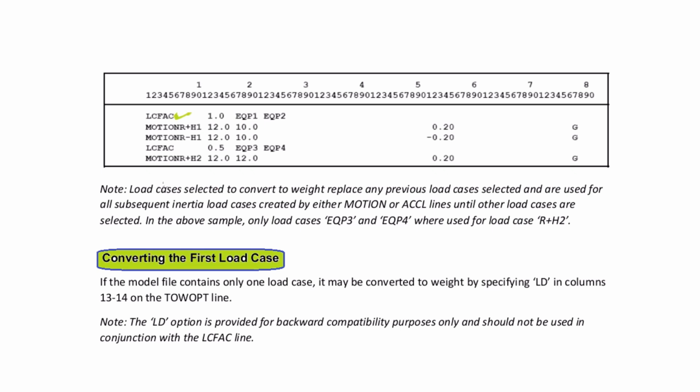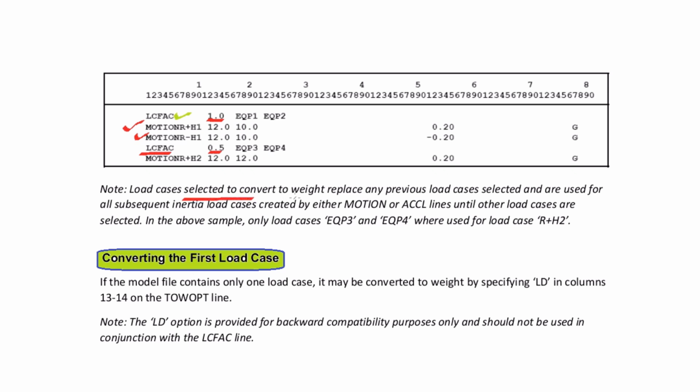The LCFAC line is here. This factor of 1.0 is used to convert the EQP1 and EQP2 load cases at 100% for these motion parameters: roll plus H1, 12.0 roll degrees, 10 is maybe the seconds, and 0.2 is the heave. And for the LCFAC line with a 0.5 factor, it is applied for these two load cases, EQP3 and EQP4.